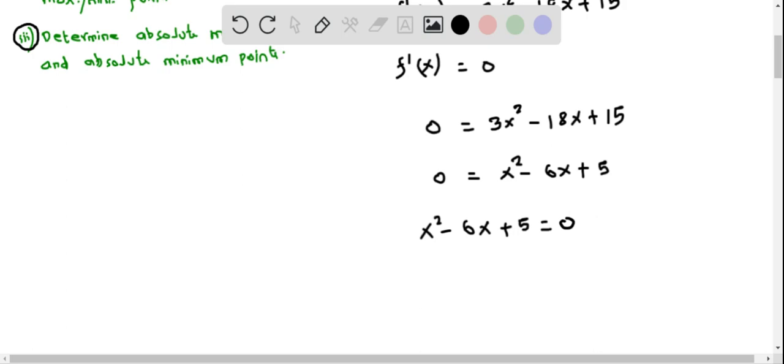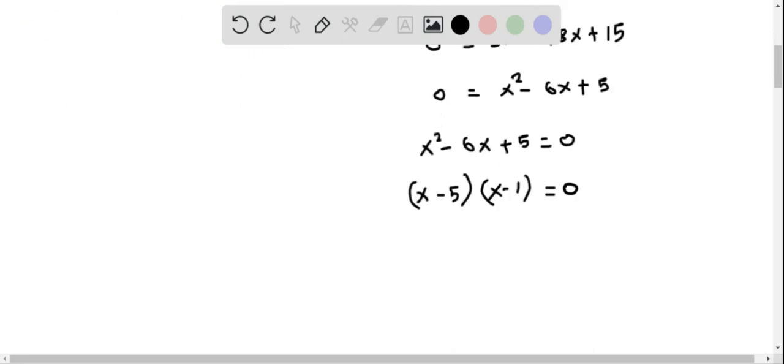Now this can be factored into product terms. That is, we can factor this as the product of two terms, x minus 5 times x minus 1, equals 0. And then we solve for x. Therefore, either x minus 5 equals 0 or x minus 1 equals 0. This gives 2 points, that is x equal to 5 as well as x equal to 1.